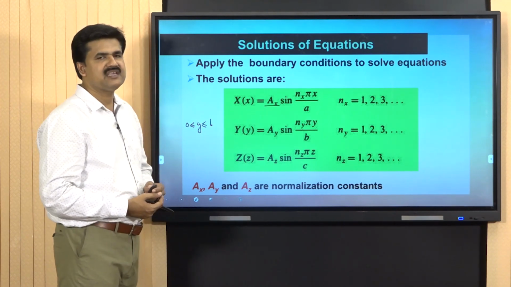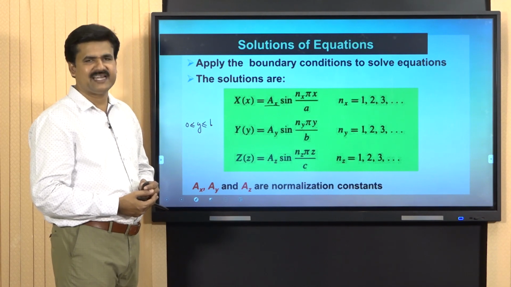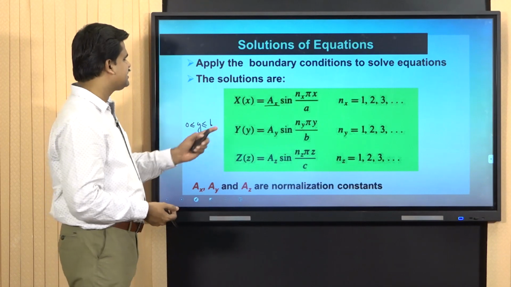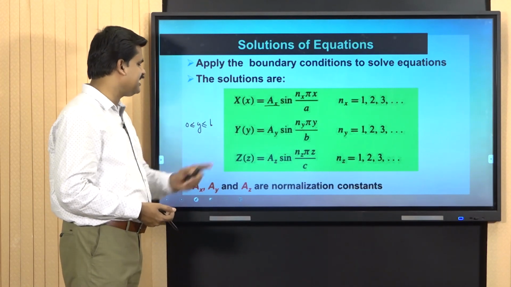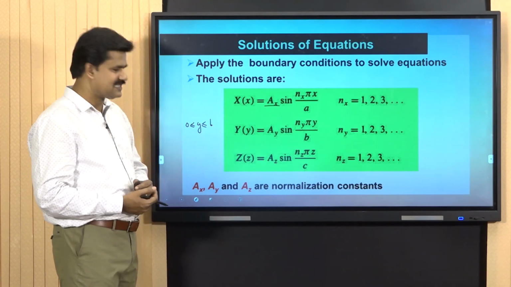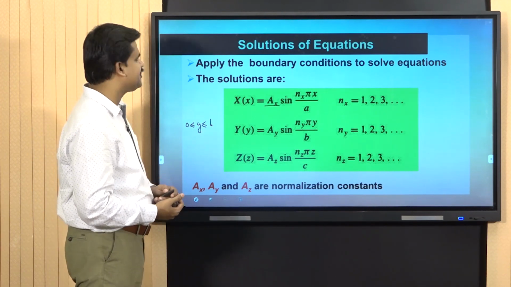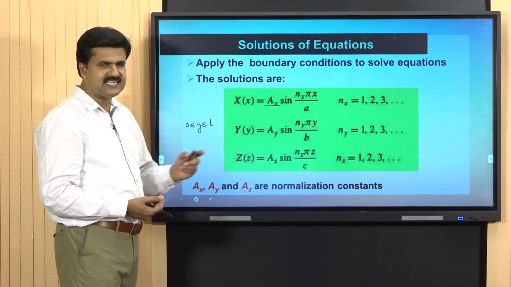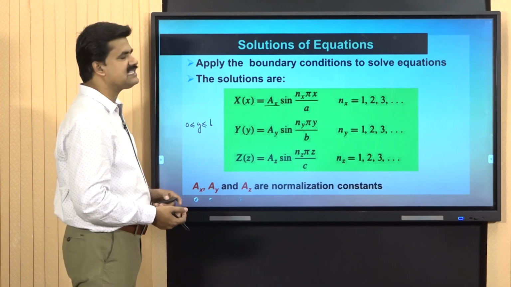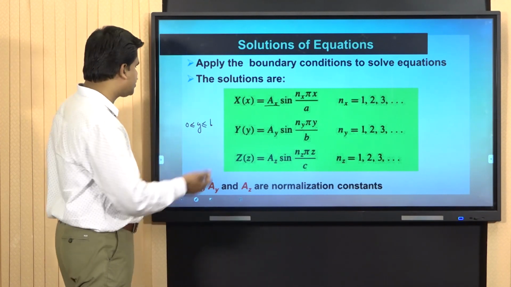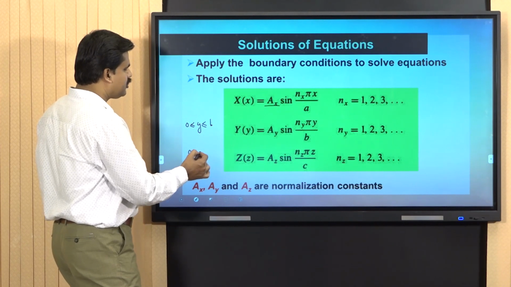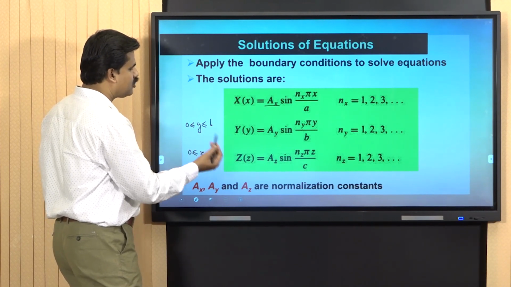Here again, ny represents the quantum number along y direction, ny equal to 1, 2, 3, etc. Similarly, applying the boundary condition along z direction, we get the solution to the z equation as Z of z equal to Az into sin nz pi z divided by c, where c is the edge length along z direction, and the boundary condition along z direction is 0 less than or equal to z less than or equal to c.